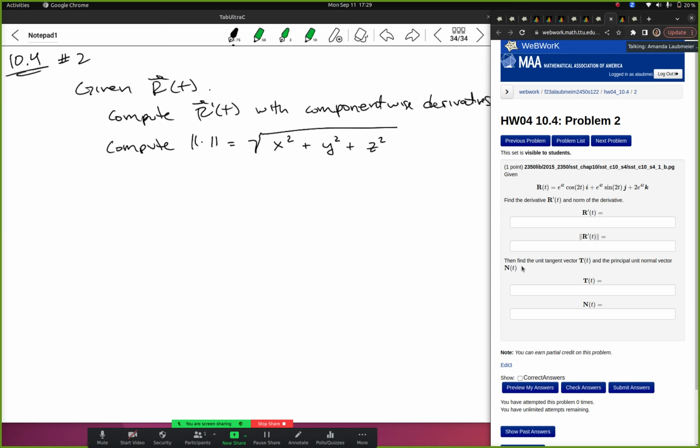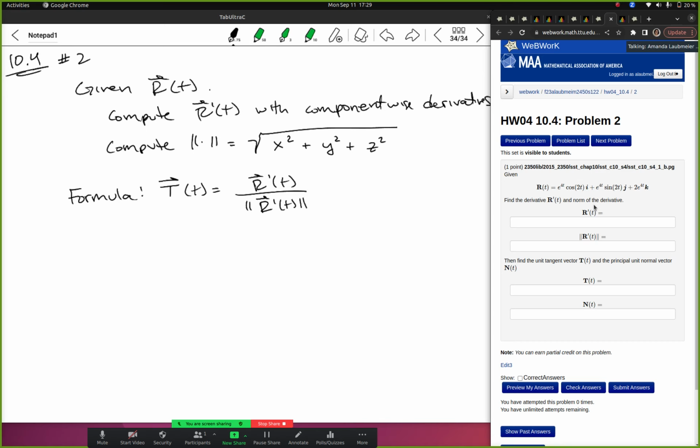So yeah, that's how you compute the magnitude for the second part. So you're doing the magnitude of the derivative. Please don't go back to the first capital R. You're doing this to r prime. And then just a formula that we were given in our notes is that the tangent vector points in the direction of r prime of t.